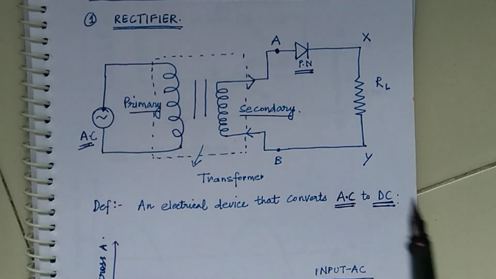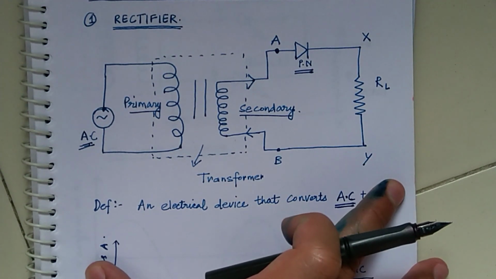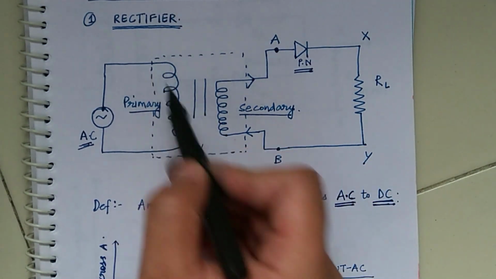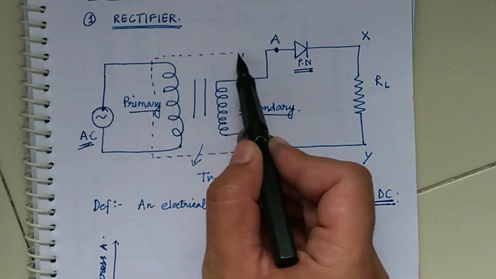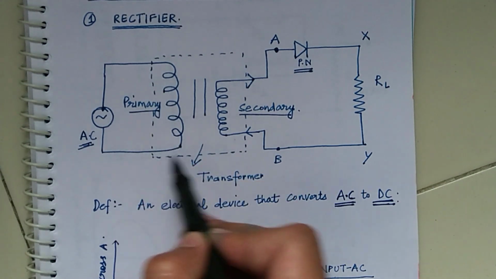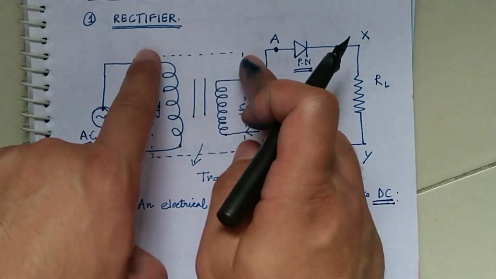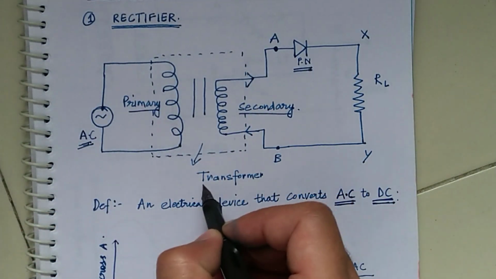So let's begin with the setup. Let's understand what exactly we have. We are using a transformer in this setup. As you can see, I have boxed with a dotted line the primary as well as the secondary. This whole composition of primary and secondary winding is called a transformer.